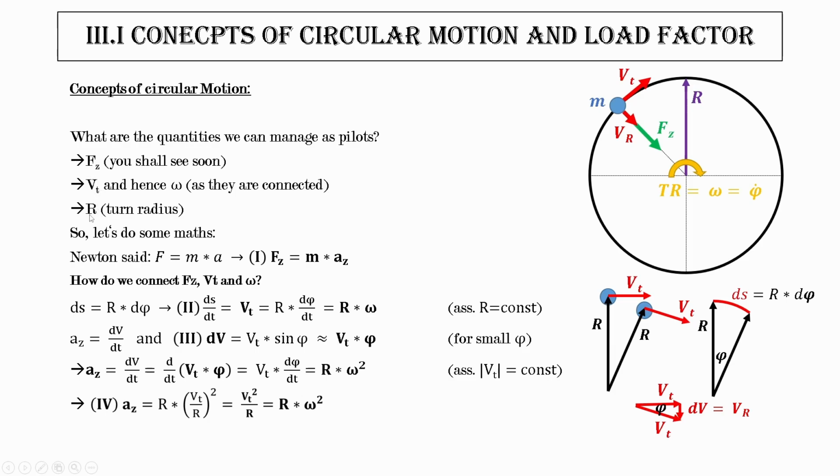We can manipulate the radius of the turn, and we can manipulate the centripetal force, as we shall see soon, because we can actively create and destroy this force by manipulating the aircraft's controls. Okay, so these three are the ones that we want to look at for now, but obviously a very important one is also turn rate, and we will see how turn rate is connected to the others.